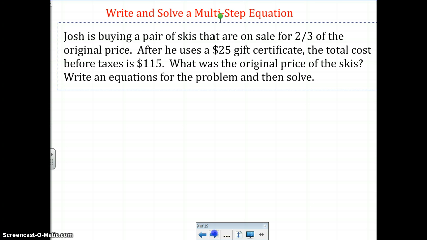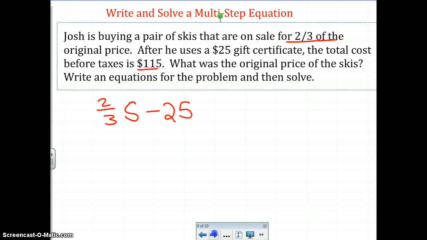What was the original price of the skis? So we don't know the current cost of the skis, but we know that 2/3 of the original, we'll just use S for skis, minus the $25 gift card that he gets, he ends up paying a total of $115.